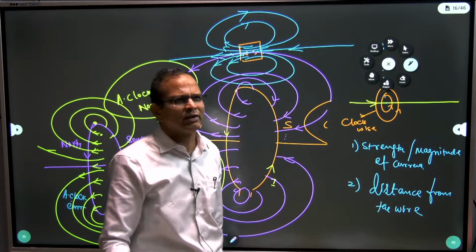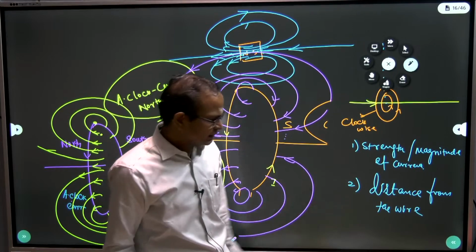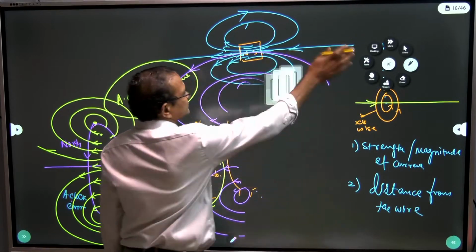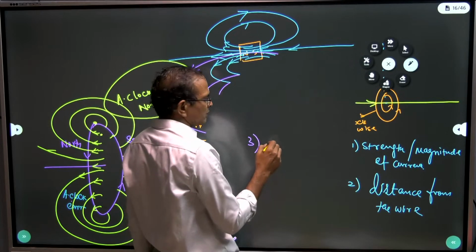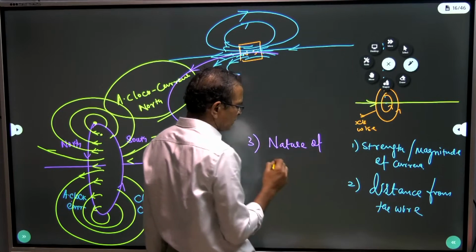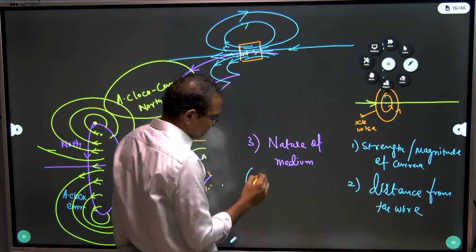It's very ordinary common sense, isn't it? As we go farther, the field will only decrease. So the distance from the wire is the second factor, and the third factor, come on. Sir, the permeability of the medium. Super. Nature of medium. That is permeability.